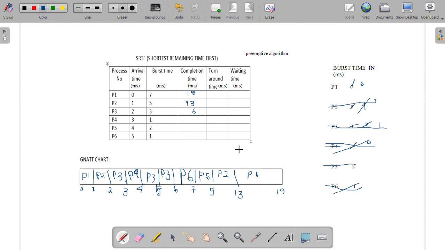At 4 millisecond, process P4 has completed its execution. Now you can see that at 9 millisecond, process P5 has completed its execution.